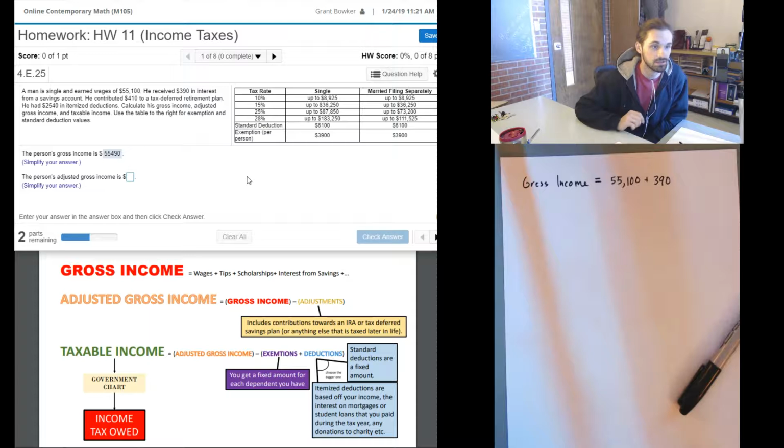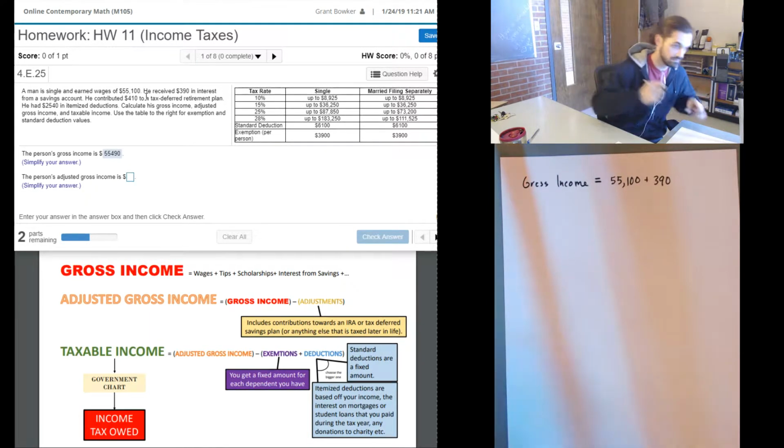Person's adjusted gross income. Under this one, we want to take into account that he contributed $410 to a tax-deferred retirement plan. So we're going to remove this $410 from our gross income.